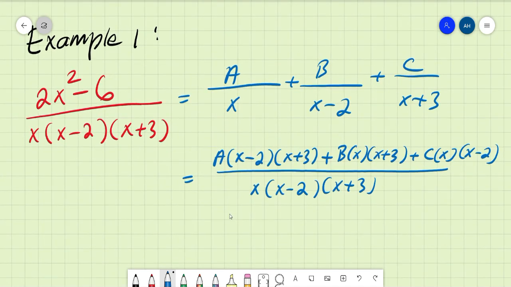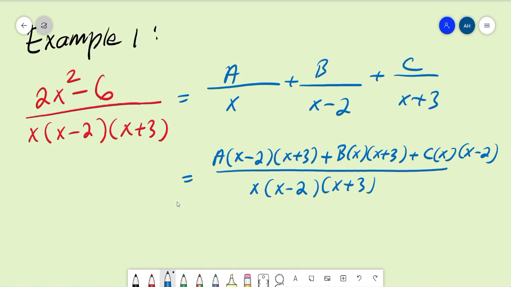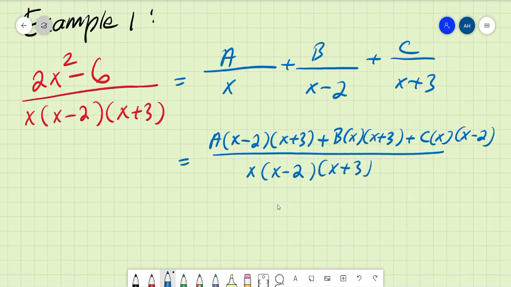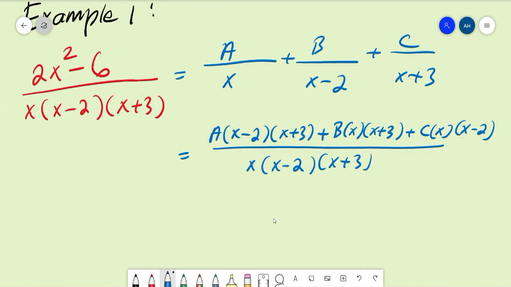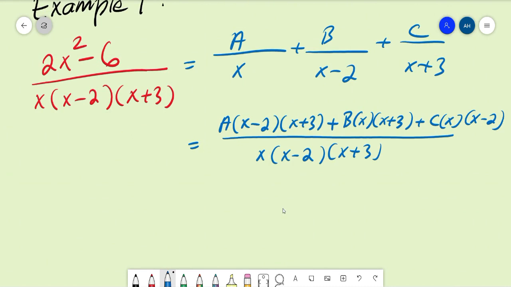Now, since the denominators on the left hand side and on the right hand side are equal, we can forget for a while the denominator and just write the numerator.